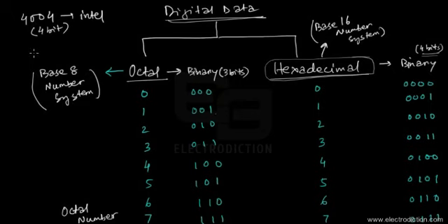Now that we have computers today, we know that in computer or digital terminology, 4 bits make a nibble of data, and 8 bits make a byte, 1 byte of data.